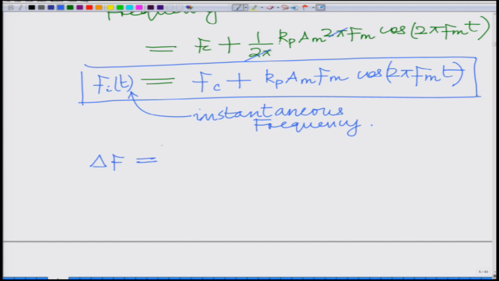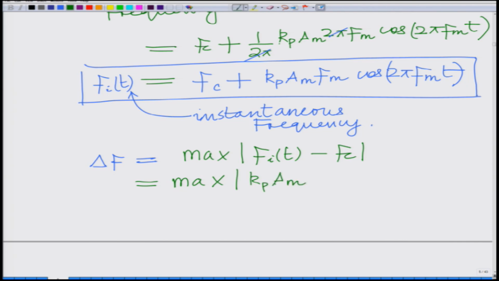Remember, delta f, frequency deviation, is the maximum of f_i(t) minus f c, that is the unmodulated frequency of the unmodulated carrier, which is basically maximum, as you can see from above, f_i(t) minus f c is k p a m f m cosine 2 pi f m t, and therefore the maximum magnitude of this is basically k p a m times f m.